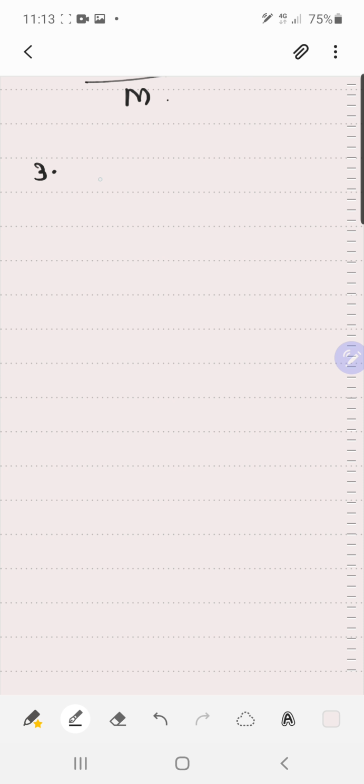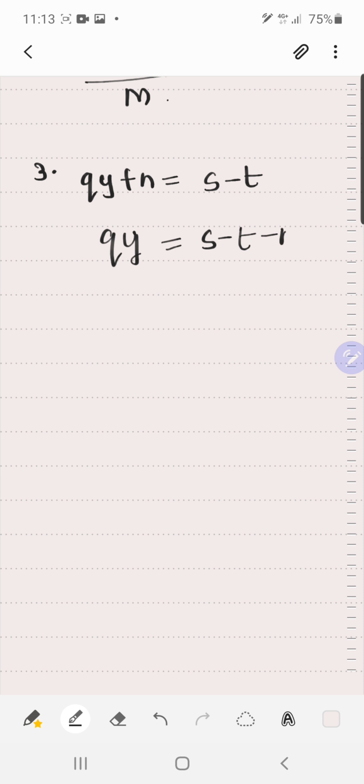Problem number 3. qy plus n is equal to s minus t. You want to make y the subject, keep qy here, s minus t minus n. So y is equal to s minus t minus n, and this q will go into division.